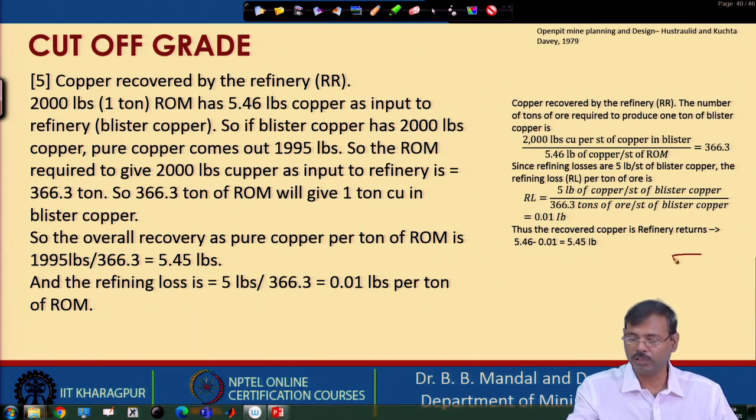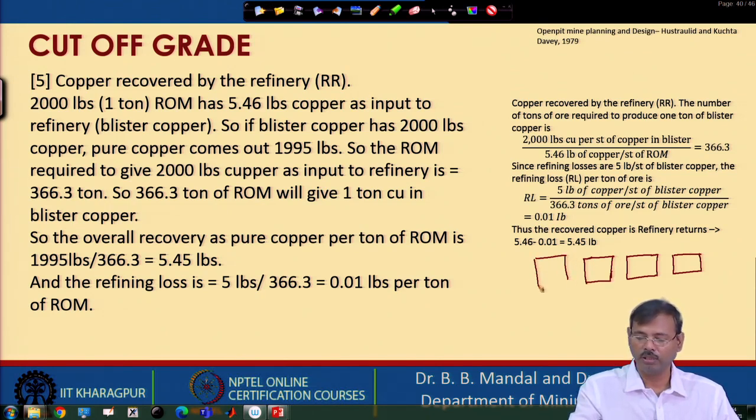So, that means this is the refinery. So, this is ROM. If we send 1 ton of ROM, this is the smelter and this is the refinery.